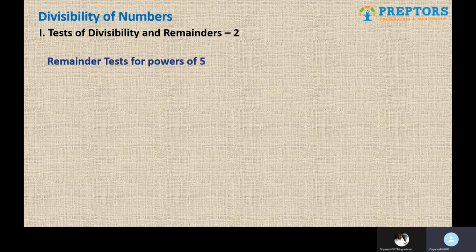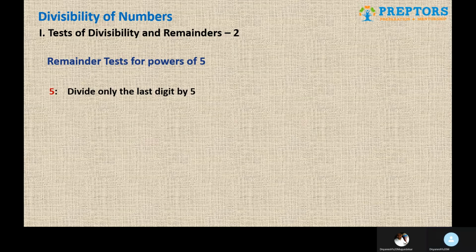Same is going to be the remainder test funda. Remainder test for 5: you are not going to divide the entire number, you are just going to divide the last digit of the number by 5. In this case, whatever remainder you get will be the same answer that you will get when you actually divide the entire number by 5.